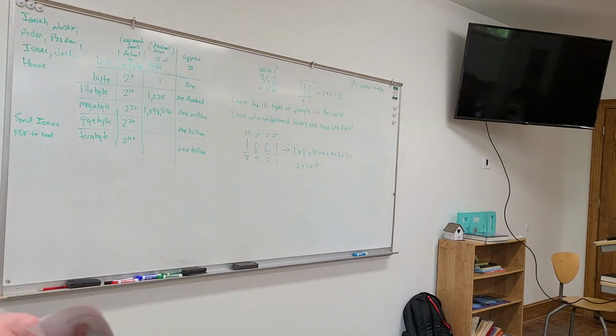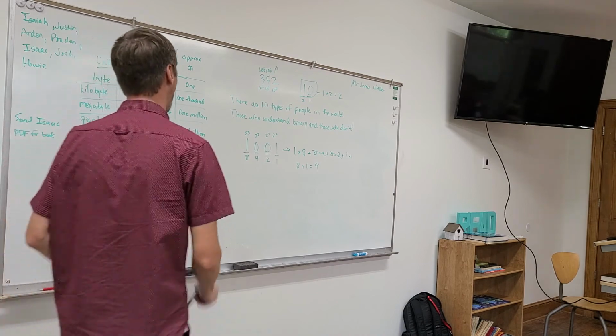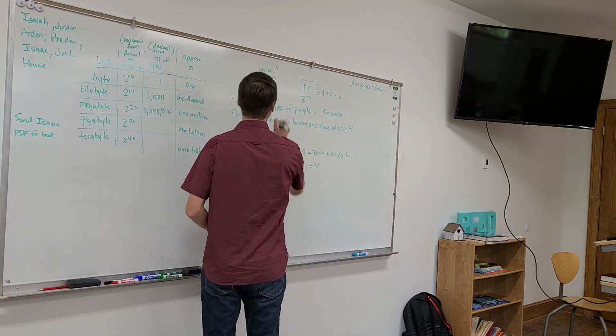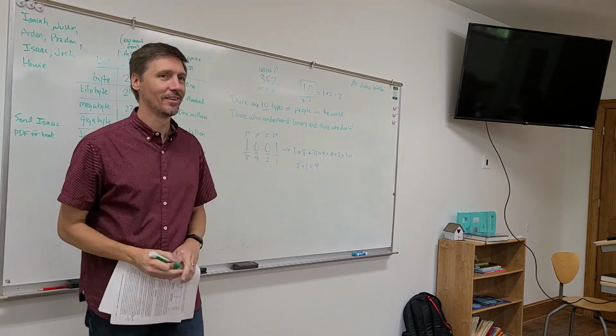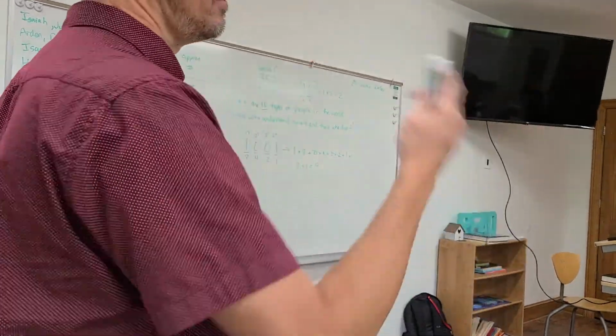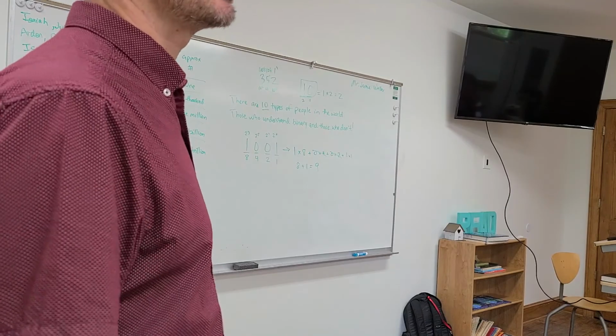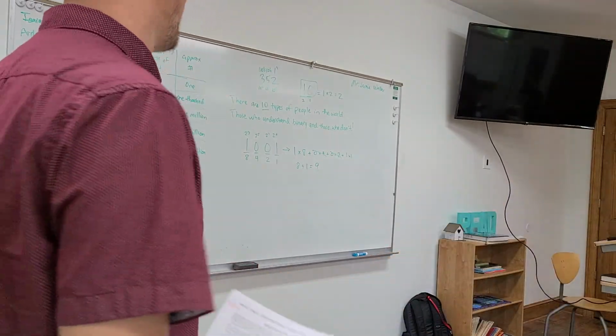Some of you are getting it anyway. This is a binary number, so there are two types of people in the world: those who understand binary and those who do not, right? So if you walk past someone and you snicker when you see that shirt, they'll be like, "Oh, fellow nerd."